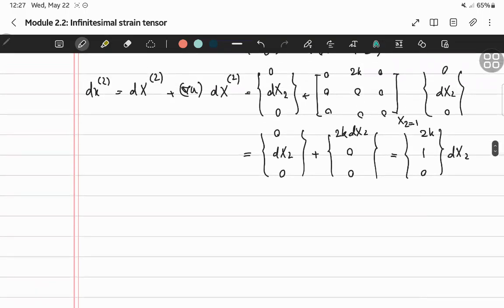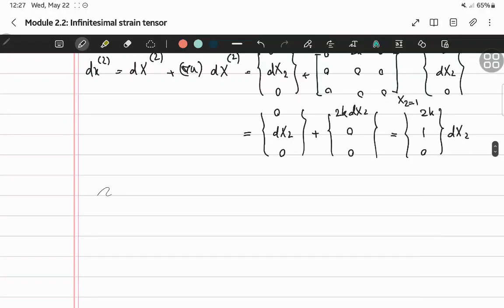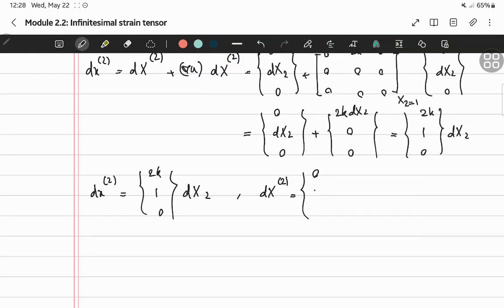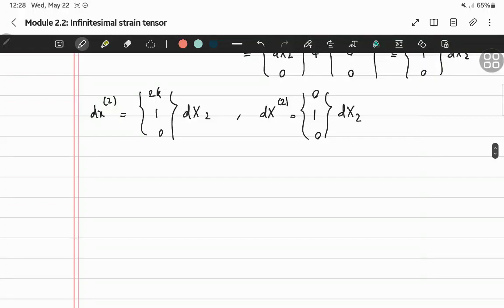So again, you can see that here dx1 is the same as dx1. And here dx2 is equal to 2k, 1, 0, dx2, compared to dx2, which is 0, 1, 0, dx2. And remember, these are very, very small. These are just elements. And this is it.